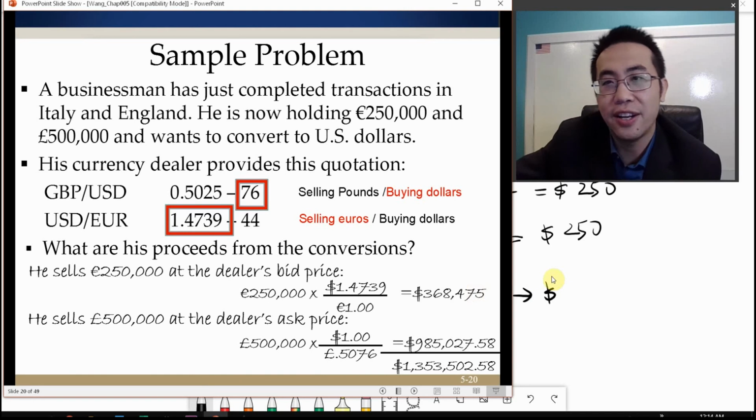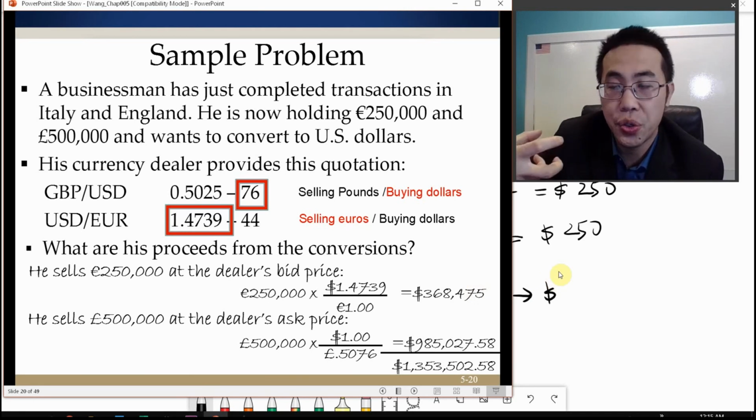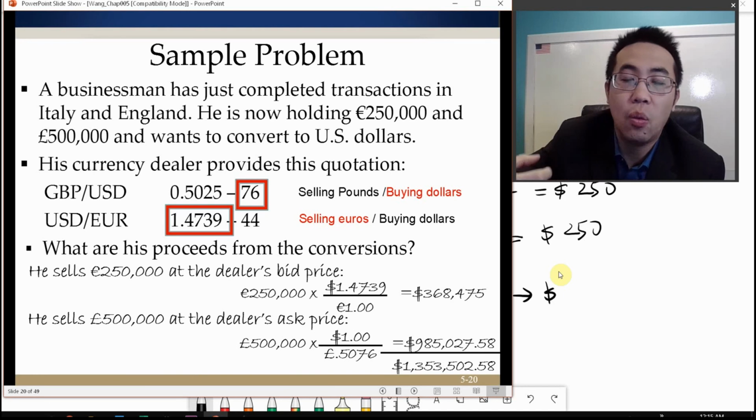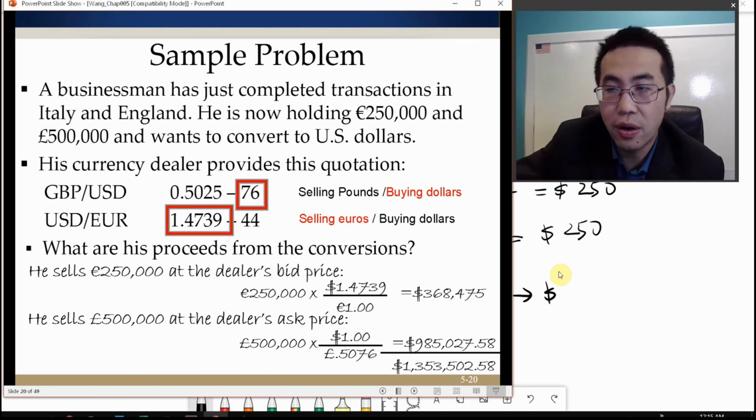I know this gets very touchy, especially when you want to know whether to use direct or indirect, whether to multiply or divide, or whether to treat the foreign currency as the subject or treat the US dollar as the subject.